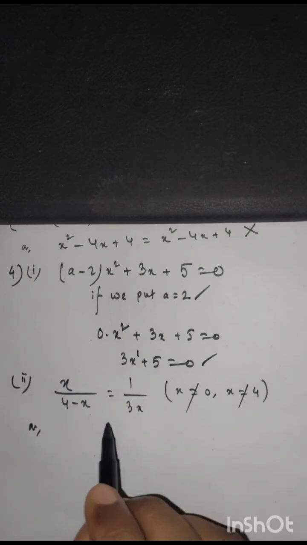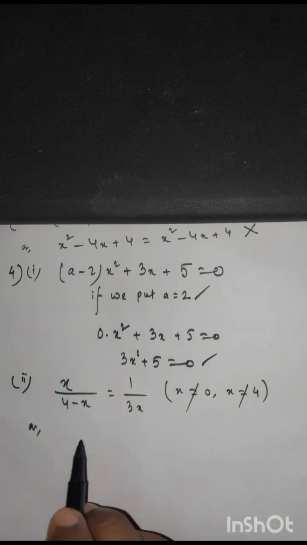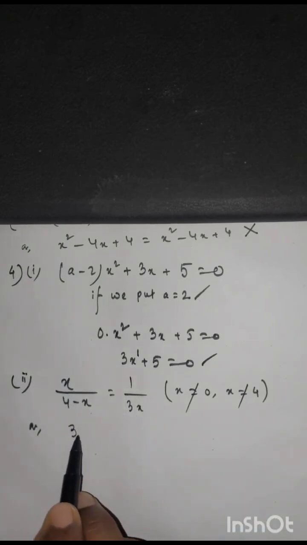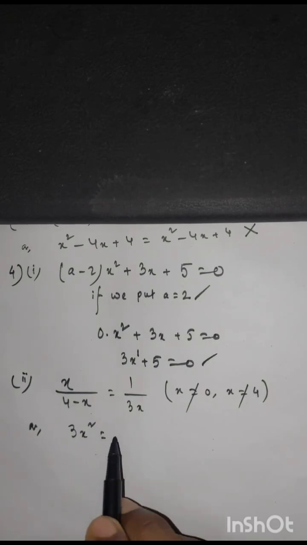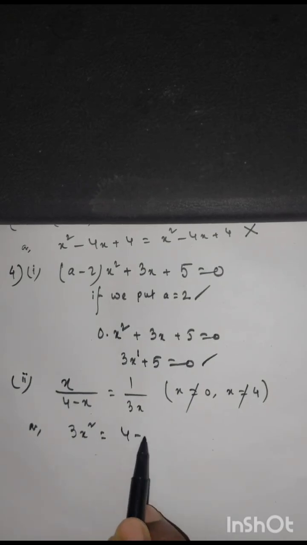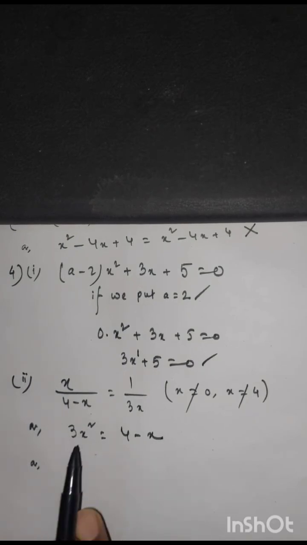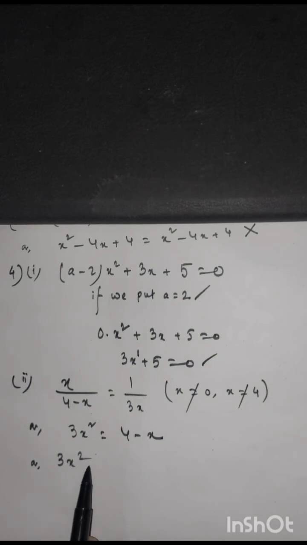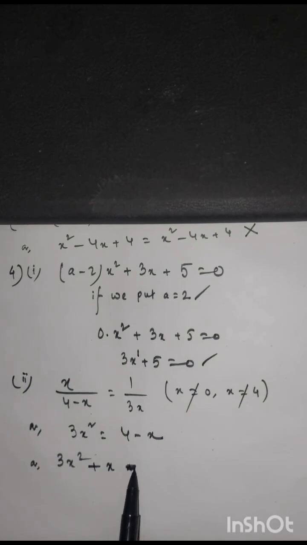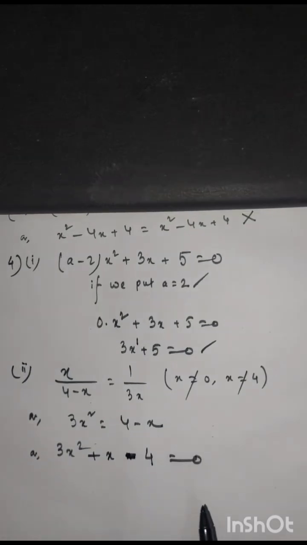So we are cross multiplying, so we get 3x square and 4 minus x, or we are taking these quantities to the left side, it becomes 3x square plus x minus 4 equal to 0.